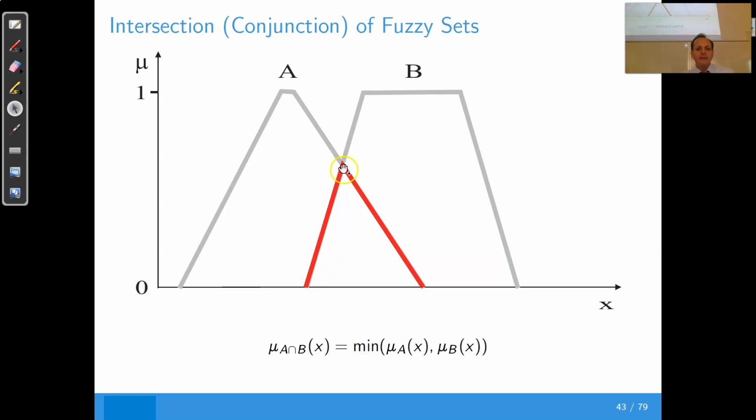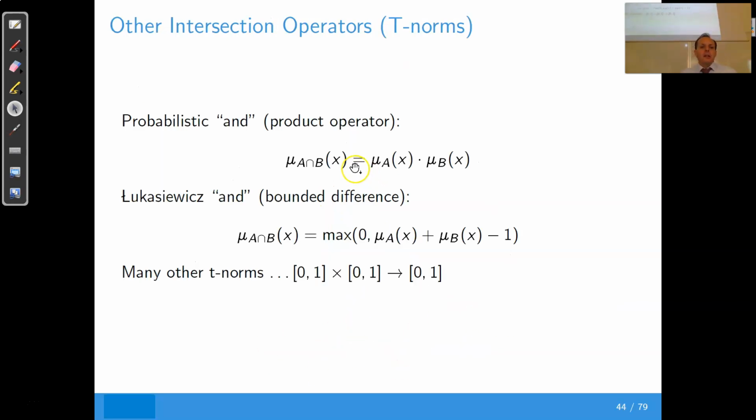When the part intersecting is B, the minimum is B, and when A is intersecting B, the minimum is A. So this almost triangle is the intersection.